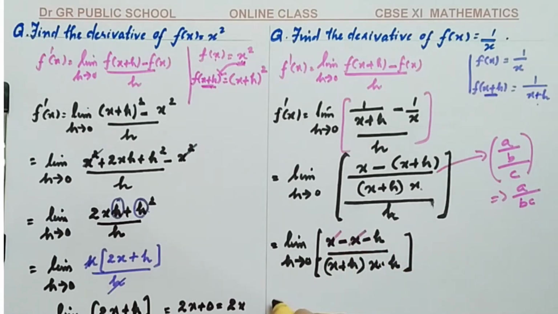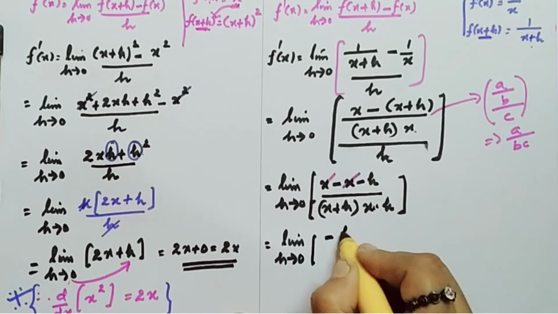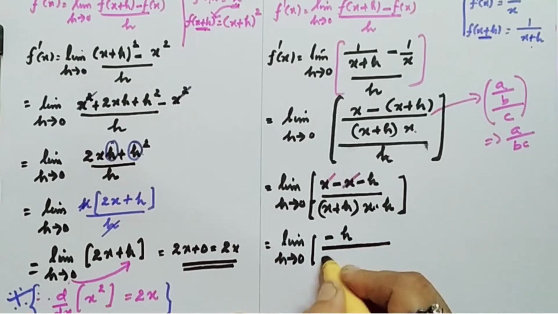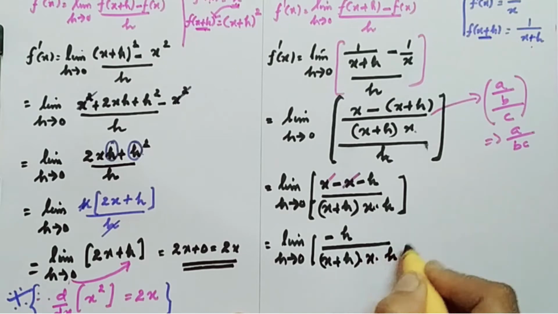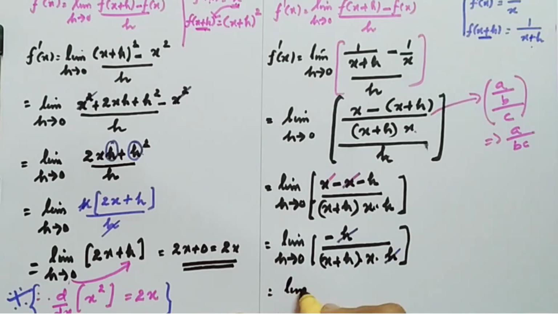The remaining is limit h tends to 0. The numerator there is minus h divided by, in the denominator all are products, x plus h into x into h. Again h gets cancelled. The remaining is limit h tends to 0, in the numerator there is only minus 1, divided by the denominator which remains x plus h into x.